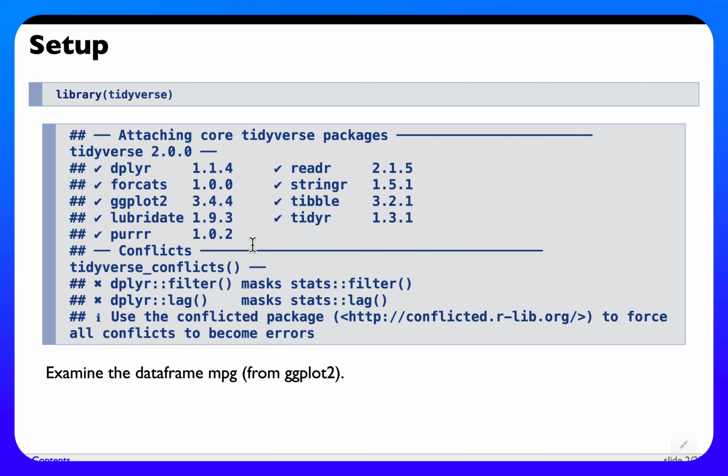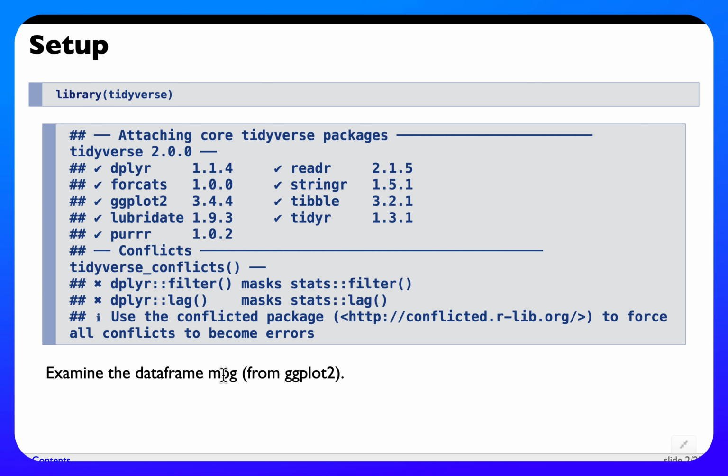So the first thing we're going to do, as always, is library tidyverse. Remember, almost any time you do anything with me, that'll be the very first thing you do. Now, in the tidyverse, there's the ggplot2 package, and within it there's a sample data frame called mpg, and I want you to just examine that.